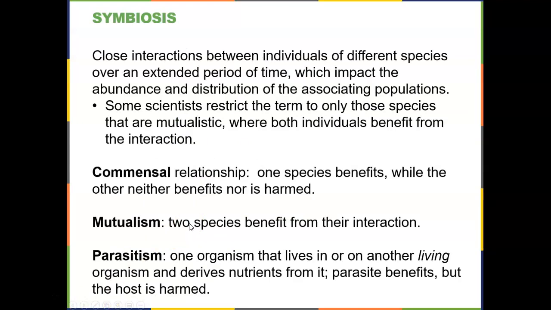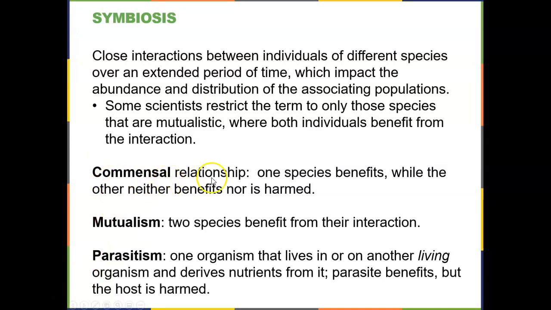The next thing I'd like to talk about is symbiosis, or living together. Here is an interaction that individuals of different species have evolved over time in order to live together. So symbiosis means living together. There are 3 different ways that species can live together.